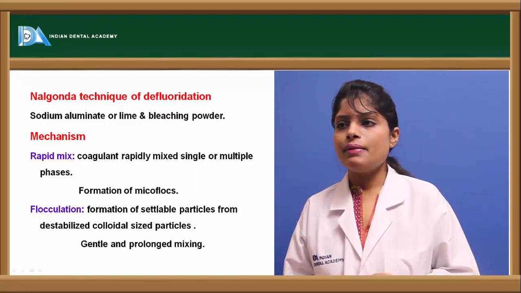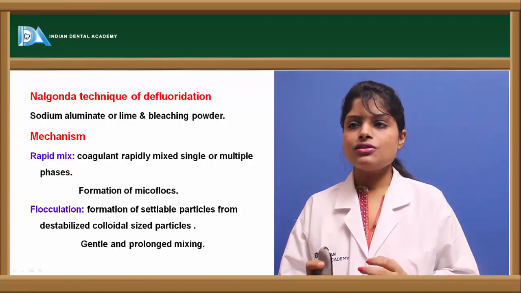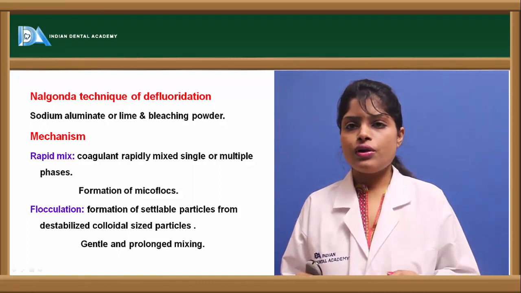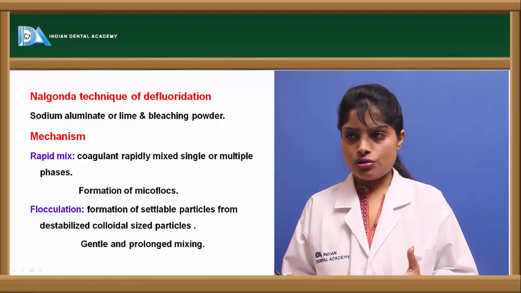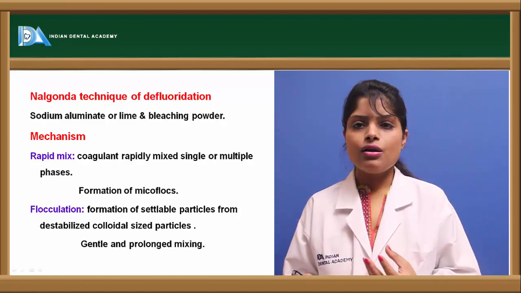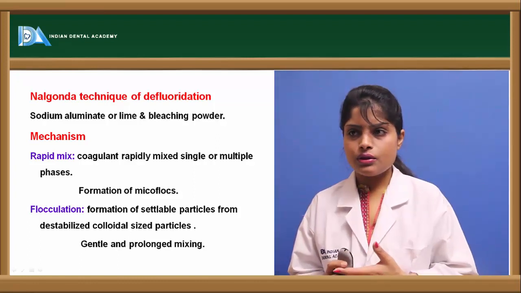First is a rapid mix, in which the various contents are mixed rapidly, which will lead to the coagulation of various particles which are suspended in the solution. These will form a coagulant mass and will form microagglutinates or microflocs.